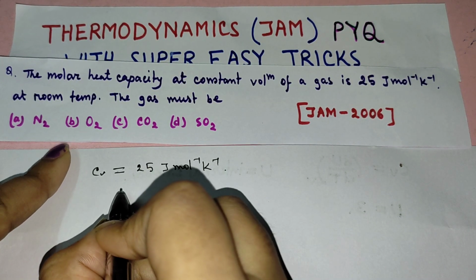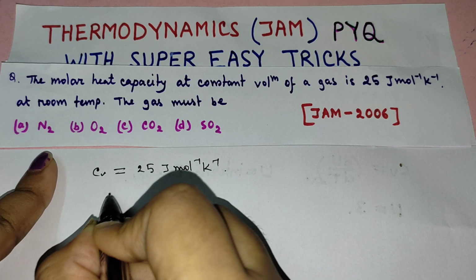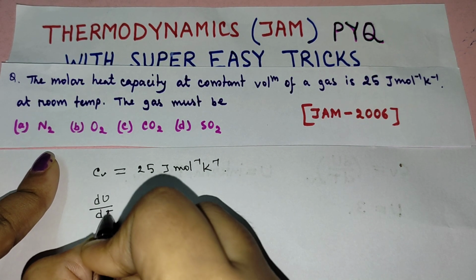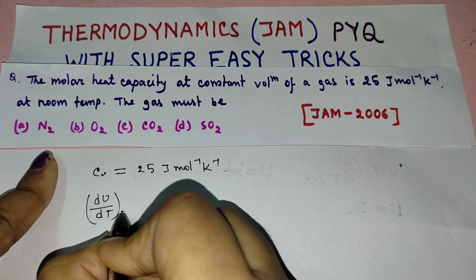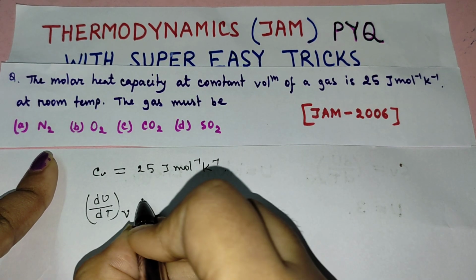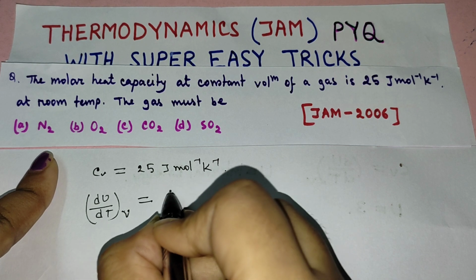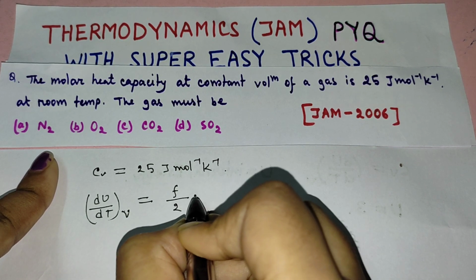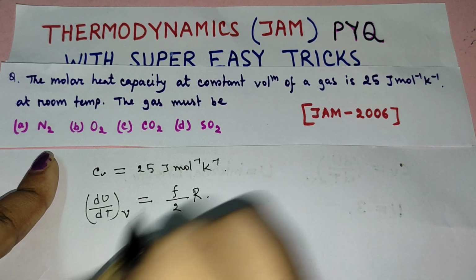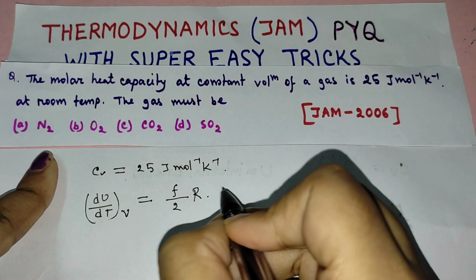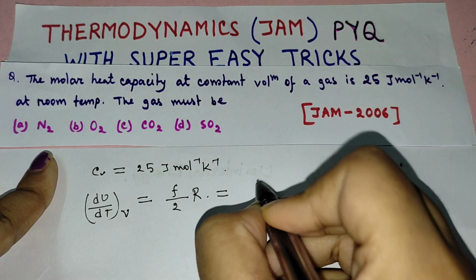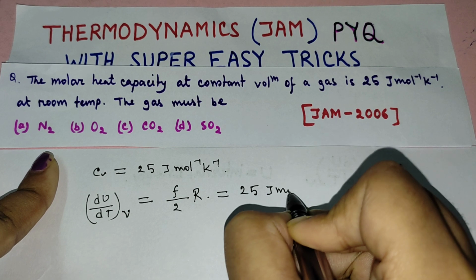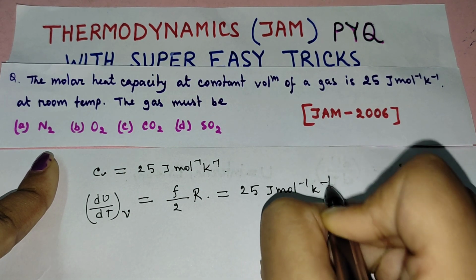From the last question we know CV is equal to dU/dT at constant V, which is equal to degrees of freedom by 2 times R, equal to 25 joule mole inverse Kelvin inverse.